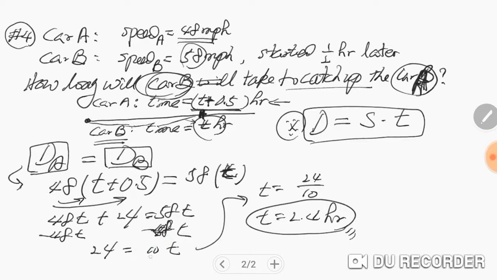Then 24 is equal to 10T, and divide each side by 10, then T equals 24 over 10. So T equals 2.4 hours. T is the time that car B took to catch up to the first car A. Okay, sorry about explaining the question incorrectly at the beginning of this problem. So finally, T equals 2.4 hours.